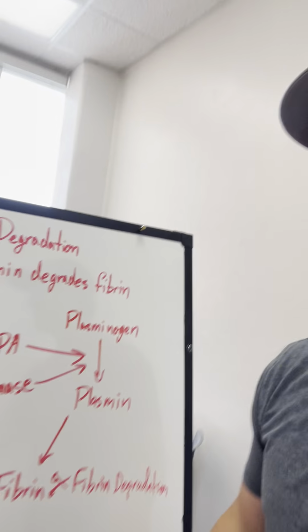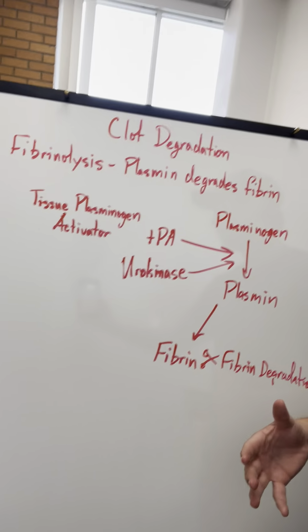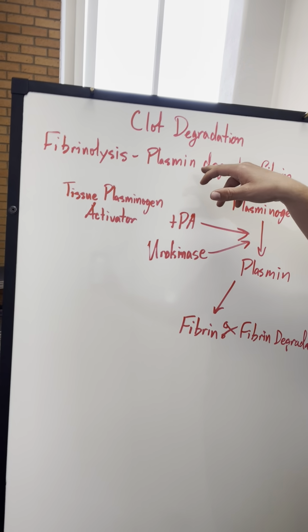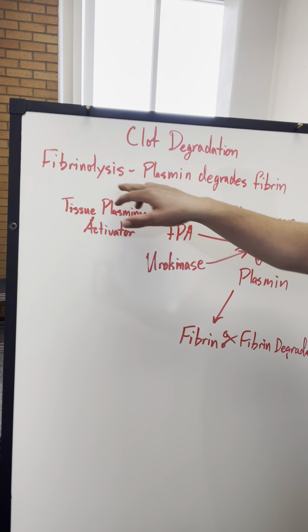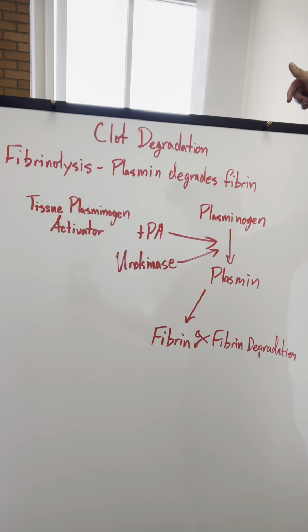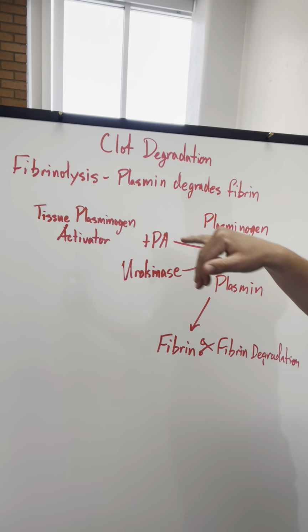Really quick, I want to scroll over here to clot degradation. So you formed a clot, and now you want to undo it. So with clot degradation, we have fibrinolysis. Plasmin is going to degrade the fibrin that we just made from the clot cascade.